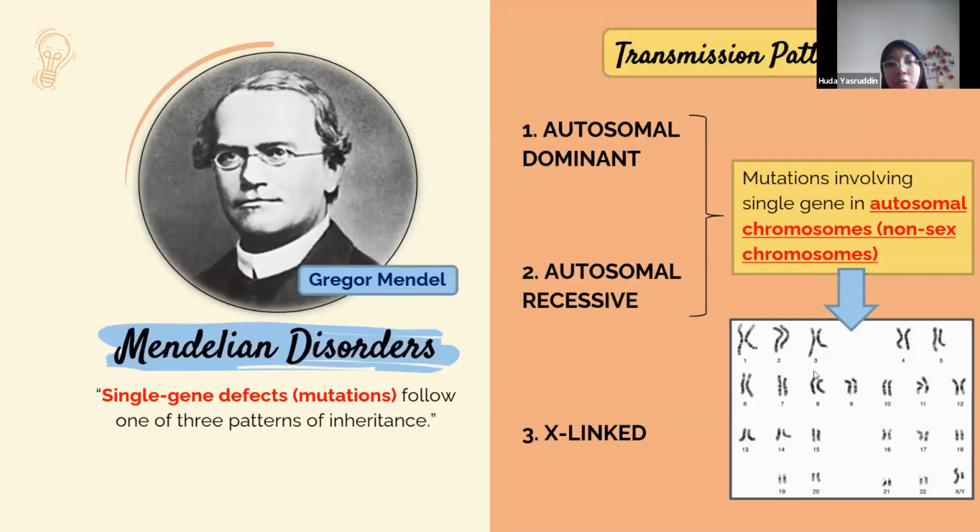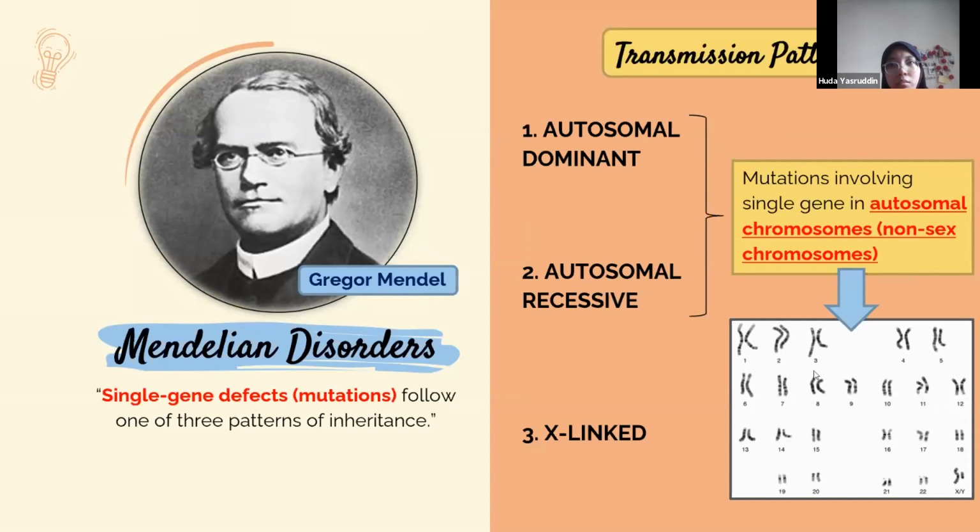Basically, autosomal disorder is based on the observation of a scientist named Gregor Mendel with his peas. The original idea of Mendelian inheritance is that every trait manifested by the offspring is controlled by a single gene inherited from their parents, and this gene may be dominant to another.